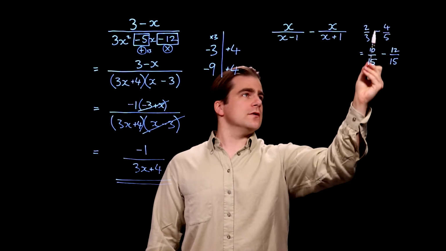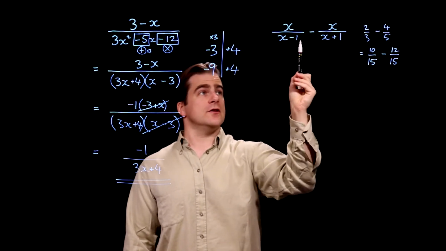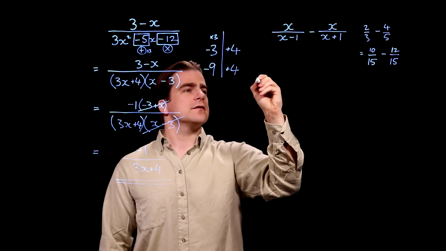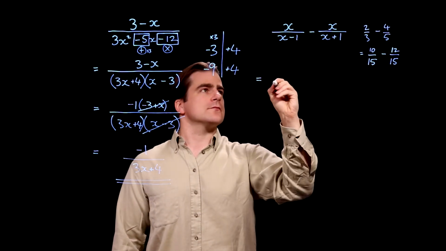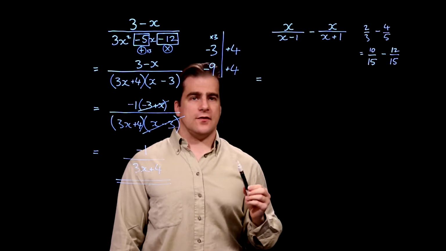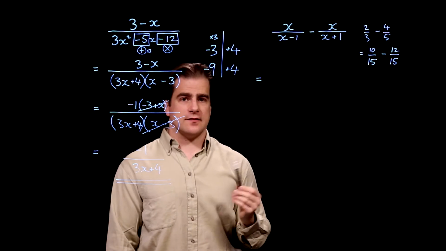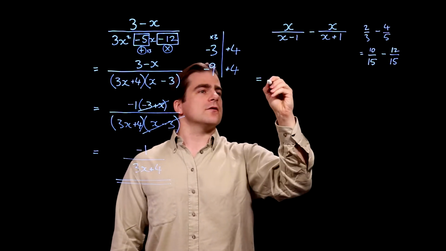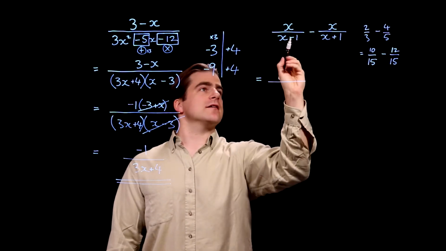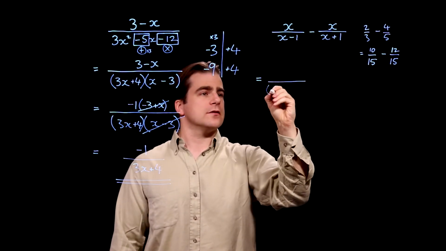So what we did with that, you do exactly the same with this. So we're going to rewrite it as, we multiplied the 3 by the 5 to get the 15, so we just multiply that by that, and that's our denominator. So the first term is going to be over that times that, which is x minus 1 times x plus 1.